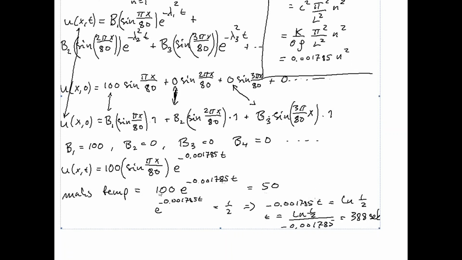We just divide both sides of this equation by 100, get this equation, take the logarithm on both sides, and then we obtain this equation, and immediately we can divide by this constant and we get the time t.